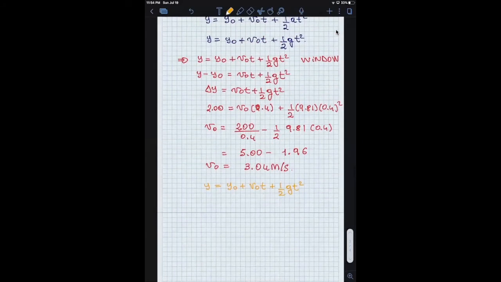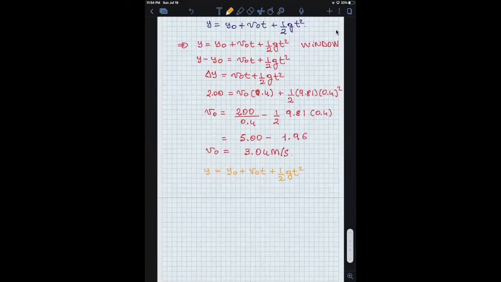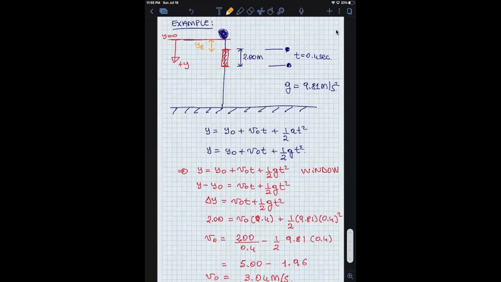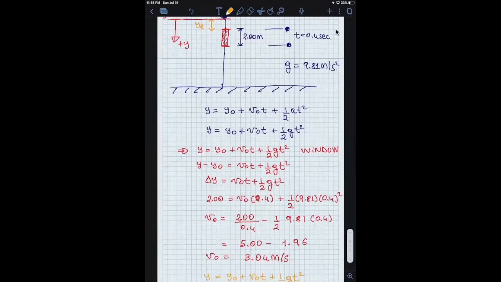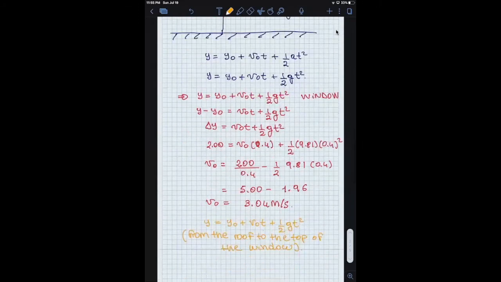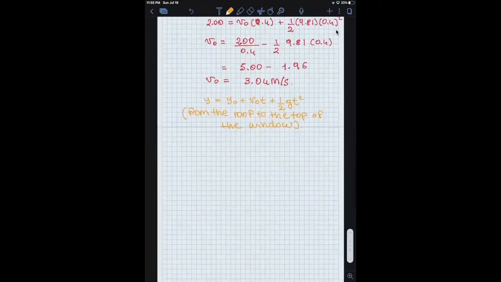There's a difference because this orange is from the roof to the top of the window. So the time that the ball takes from the roof to the top of the window is not the same as t equal to 0.4, which is the time that the ball takes to go from the top of the window to the bottom of the window. So we need to be careful. We need to find what this t is.